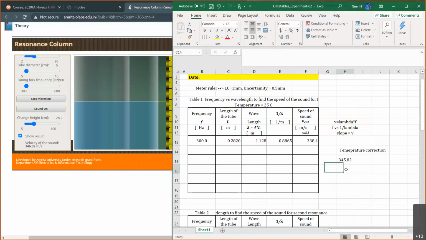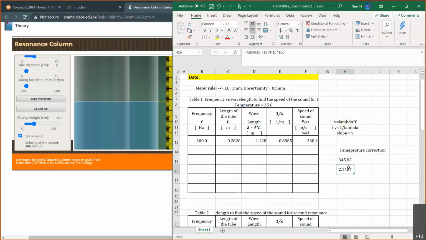So let's do the percentage difference to see how much the error is. Okay, let's try percentage error here. ABS parentheses, expected value minus calculated value, divide by expected value, multiply by 100. There we are, close enough.